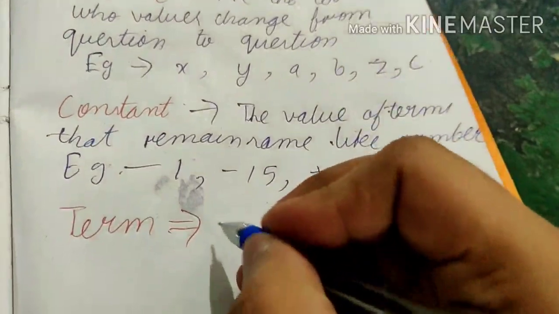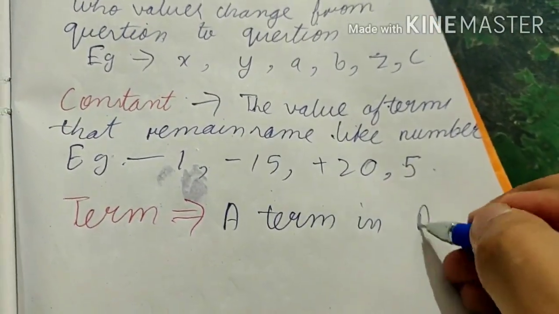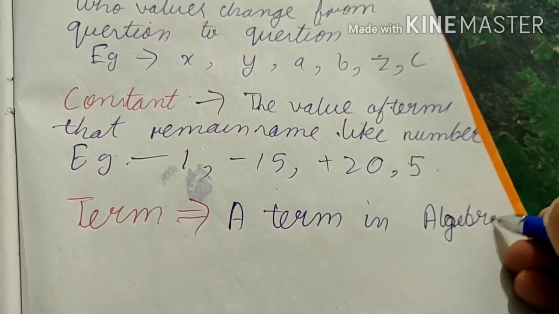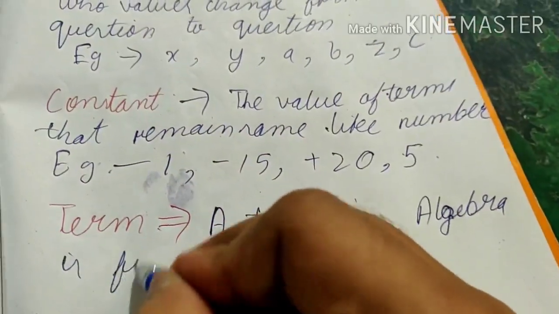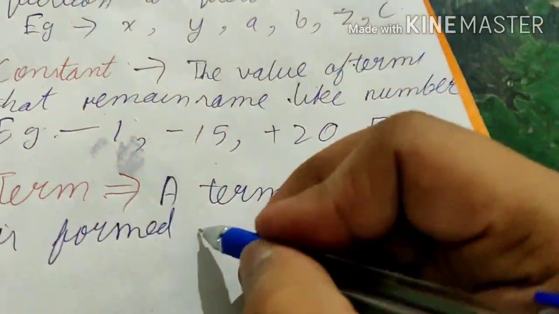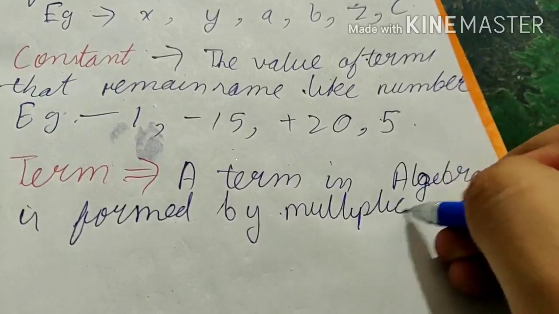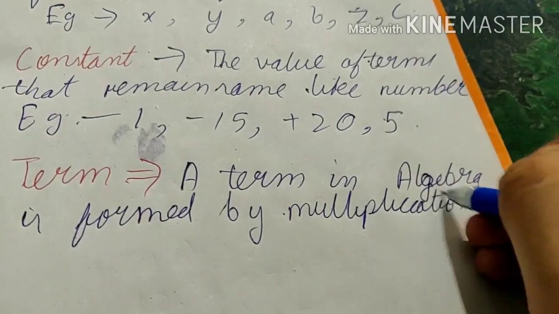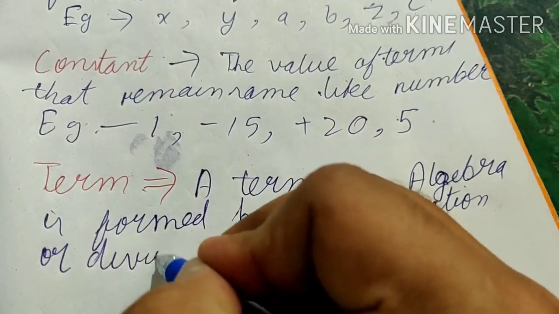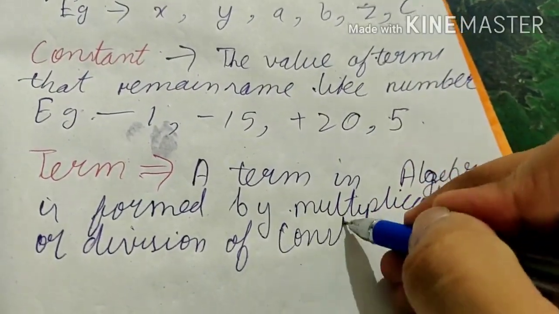A term in algebraic expression, a term in algebra is formed by multiplication or division of constants and variable.